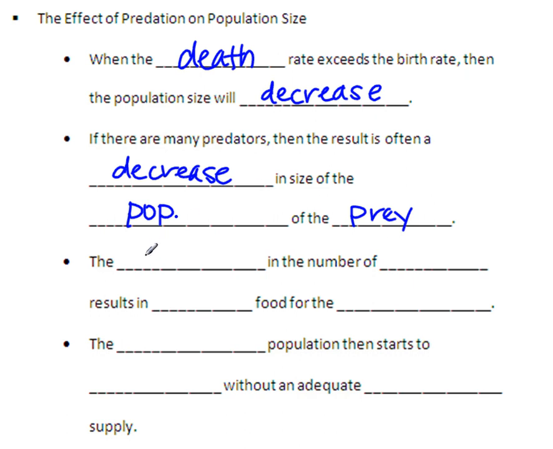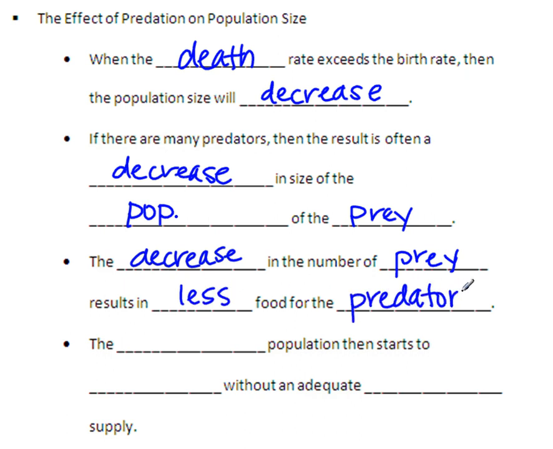The decrease in the number of prey results in less food for the predator. And because you don't have as much food, the predator population then starts to decrease without an adequate food supply.